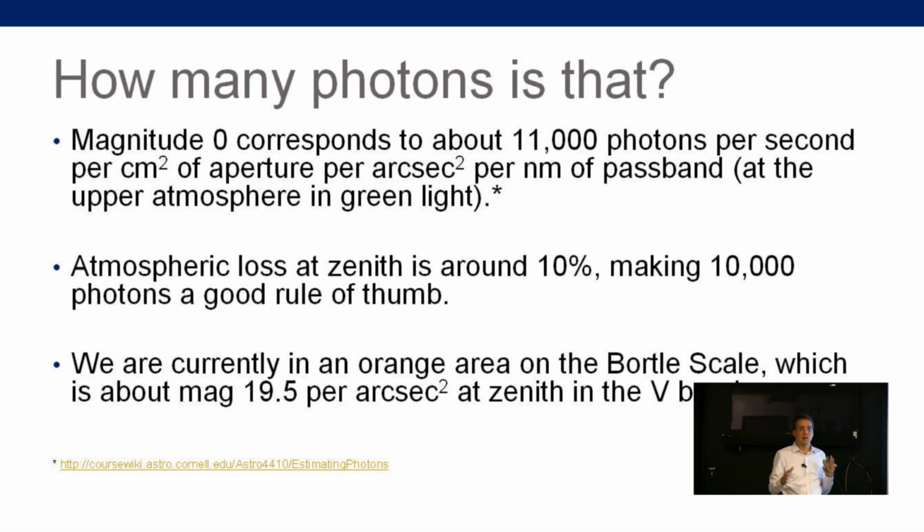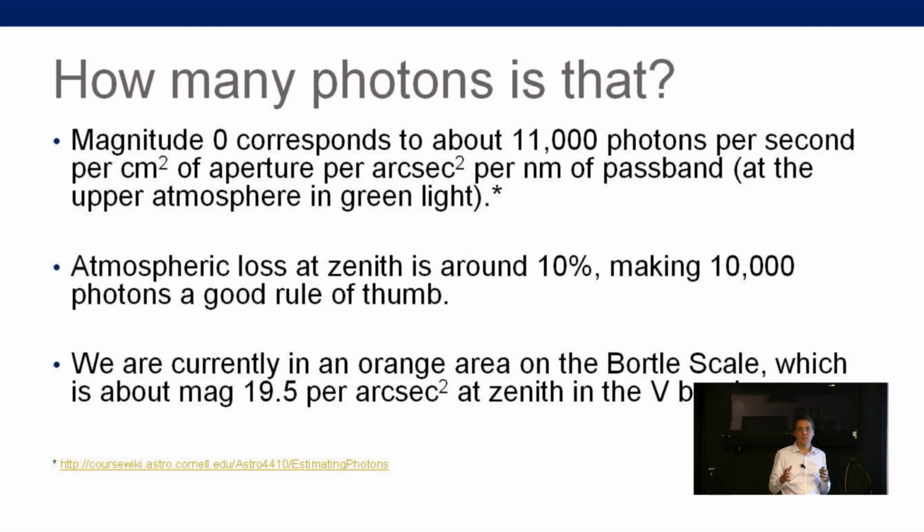Atmospheric loss around 10% is a good benchmark, and that gets us to an approximate rule of thumb of 10,000 photons per minute per square centimeter of aperture per square arc second per nanometer of passband. That's a pretty good rule of thumb. So we are currently at, let's call it, 19.5 magnitude per square arc second.